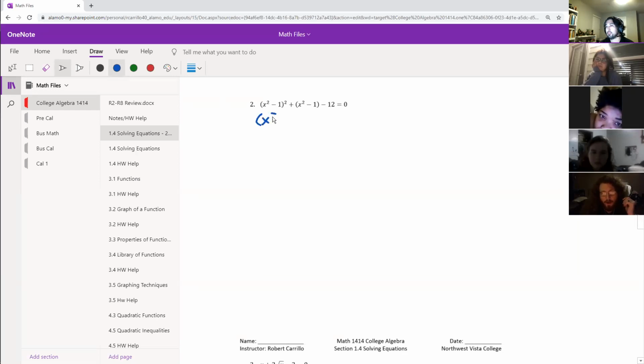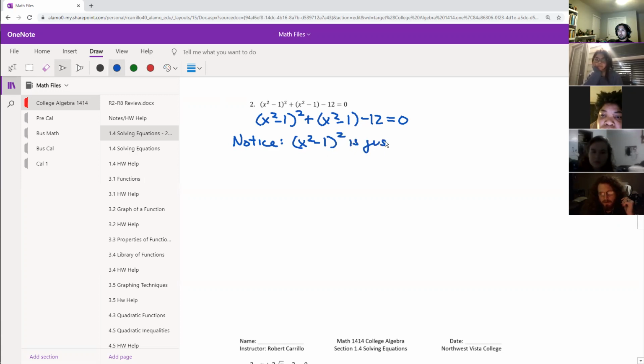Oh, sweet. I always rewrite the problem. It can waste time, but it always helps me make fewer mistakes. So what I am noticing here, notice x squared minus 1 squared is just x squared minus 1 squared.